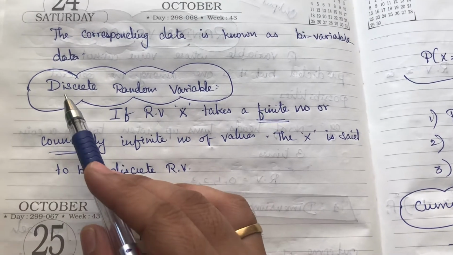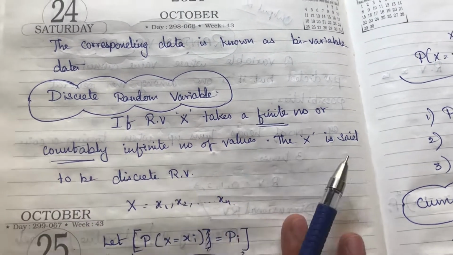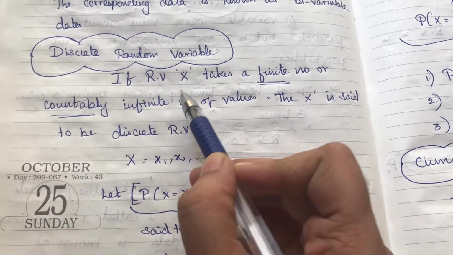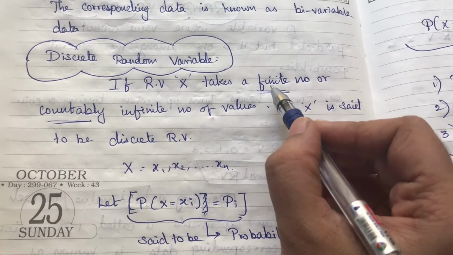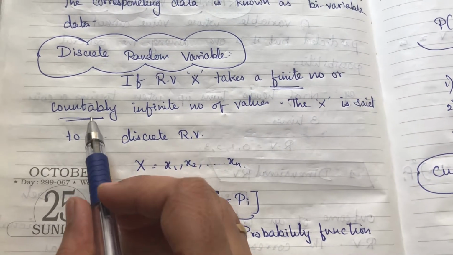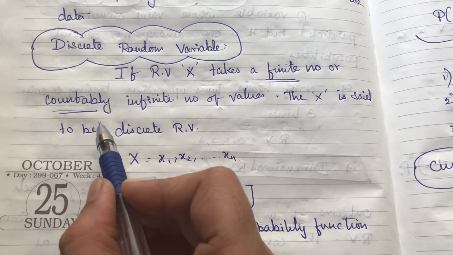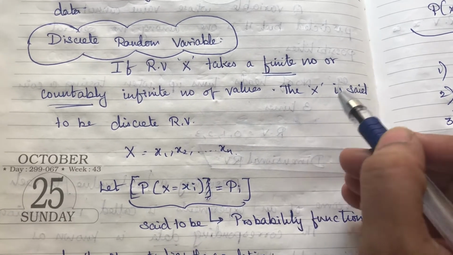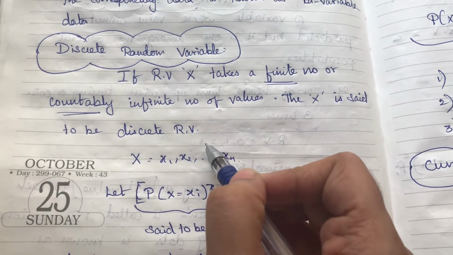Discrete random variable. Discrete means countable. If random variable x takes a finite, which means countable, number of values, or a countably infinite number of values, then x is said to be a discrete random variable.